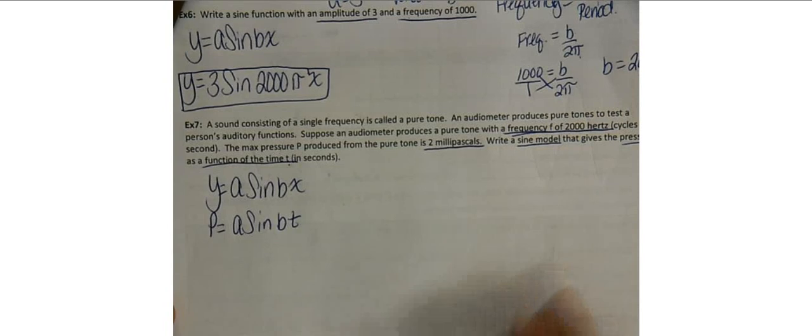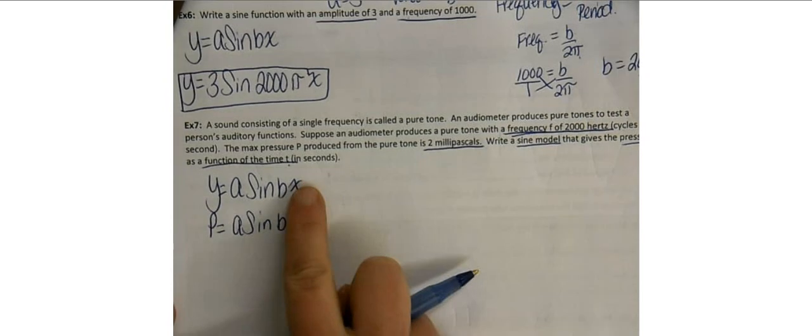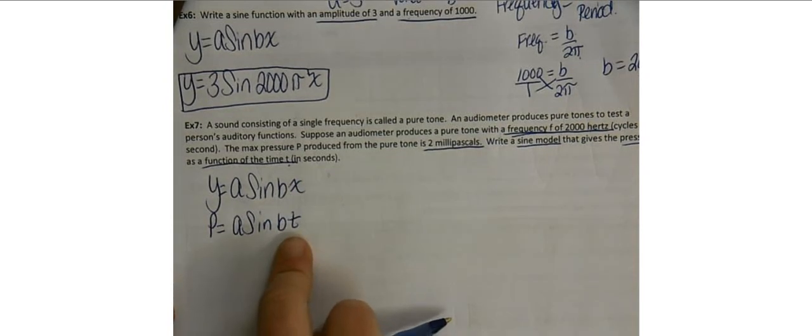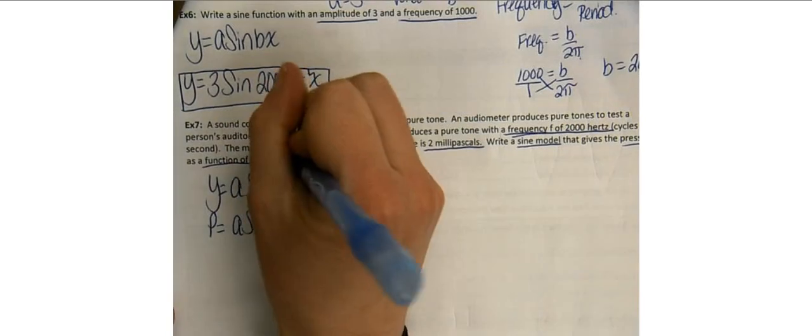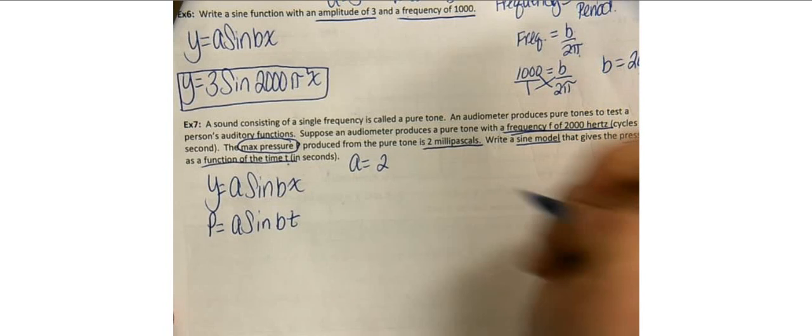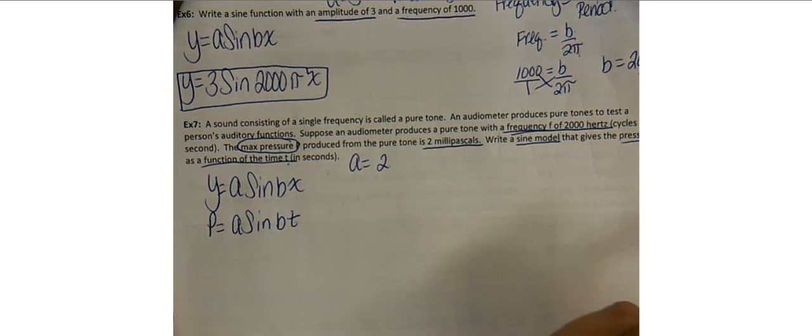So we're just replacing y with p and x with the letter t. And we have ourselves a max pressure. So a maximum means that in this case, a is equal to 2. So that's our maximum. And we are given frequency.